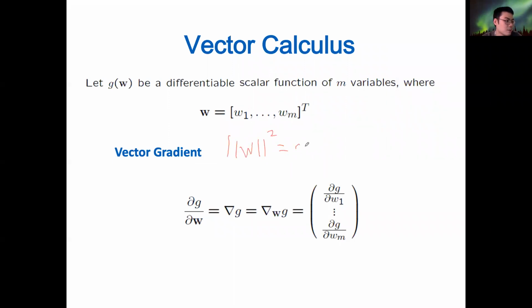This thing is W1 square plus W2 square plus WD square. Now this is G. If it's a G, take a partial derivative with respect to W1, it is 2W1. Take a partial derivative with respect to WD, it is 2WD. So this is really 2W.